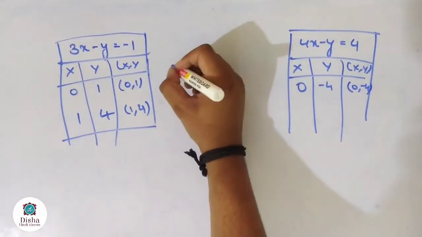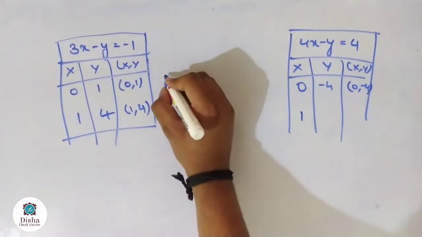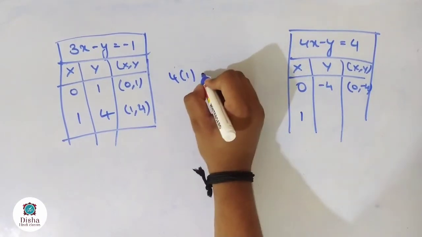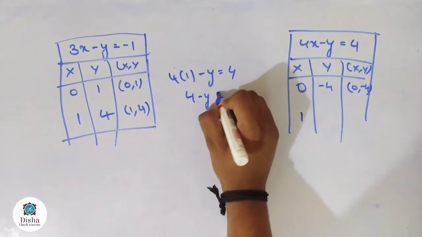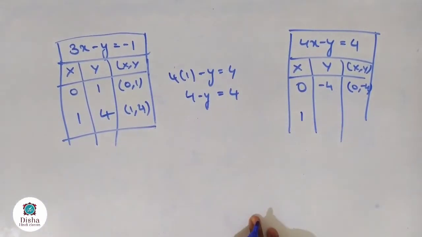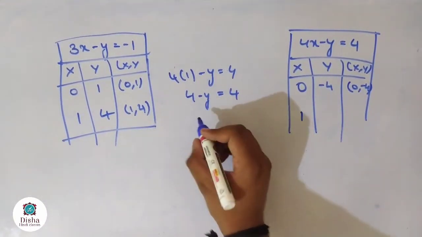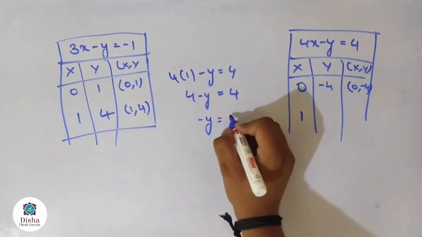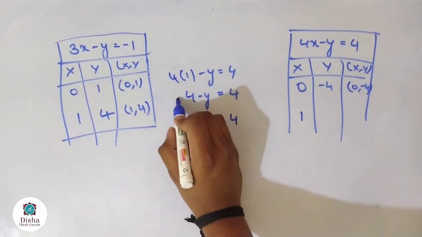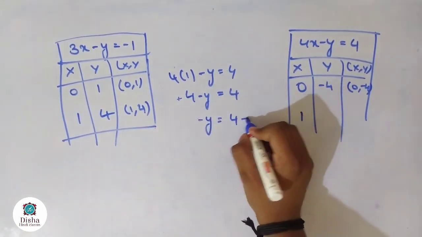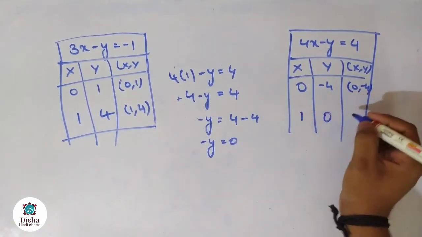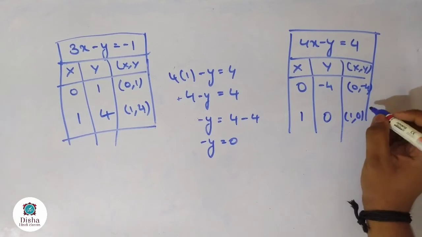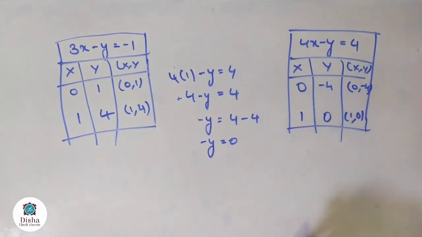Then we'll take x equals 1. 4 into 1 minus y equals 4. 4 minus y equals 4, so minus y equals 0. So 1, 0.